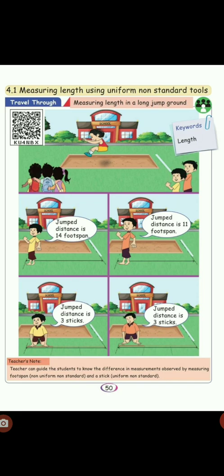What do they have to do? They have to find the correct distance. They use a stick to measure the distance that the boy covered. He said the jump distance is 3 sticks.